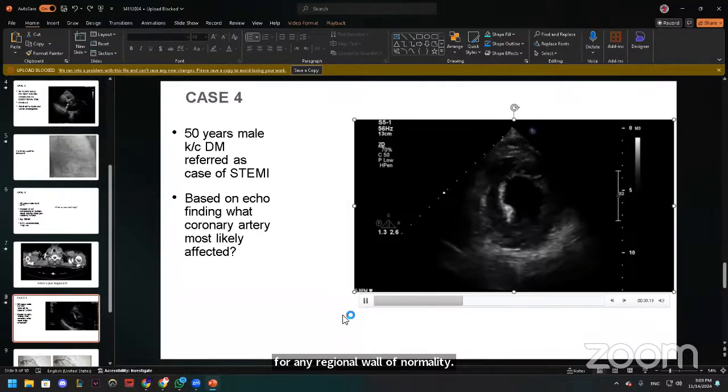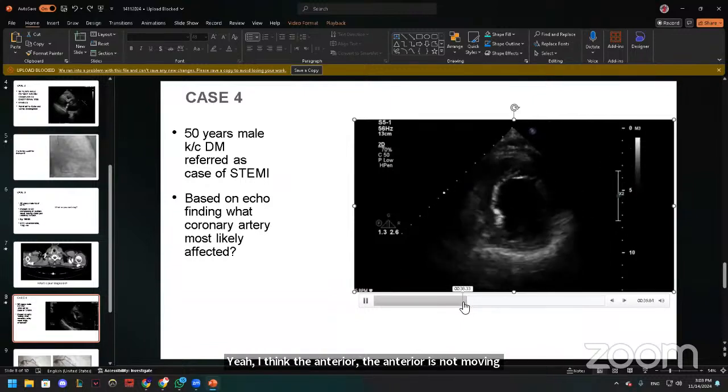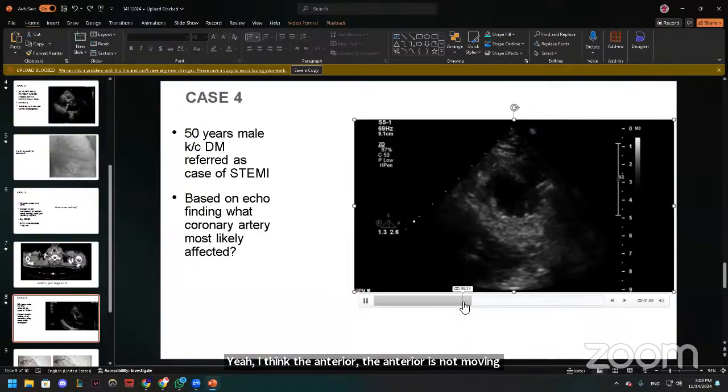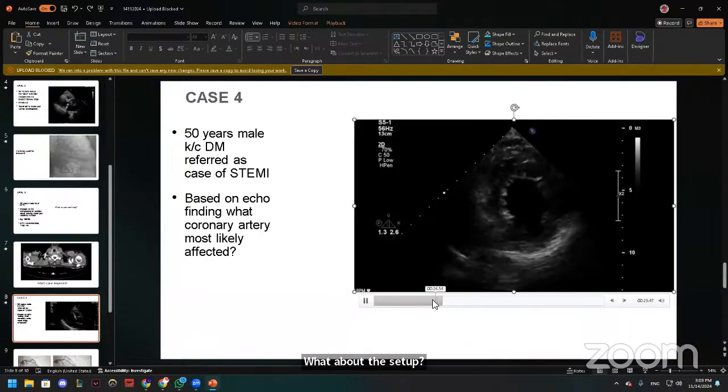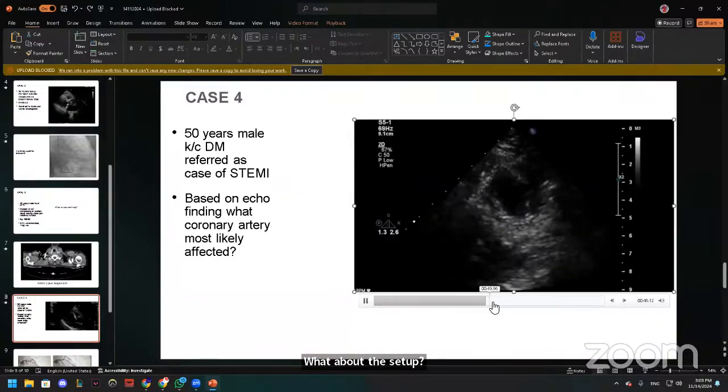Yeah, I think it's the anterior. The anterior is not moving. What about the septal? Hypokinetic, maybe, yeah.